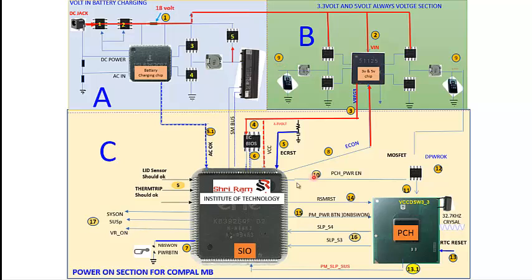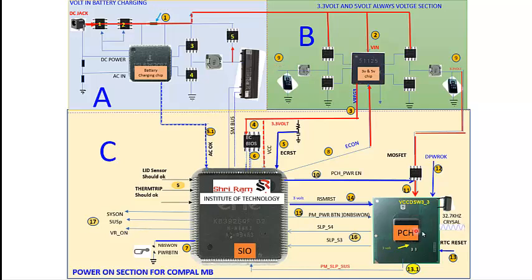In step 10, SIO generates a PCH enable signal. And after the PCH enable signal, it triggers this MOSFET. So this MOSFET's drain and source short to each other, and this 3 volt passes to the PCH, which gets the power.